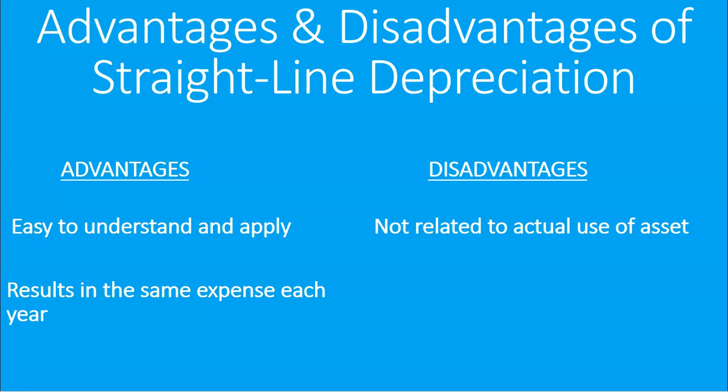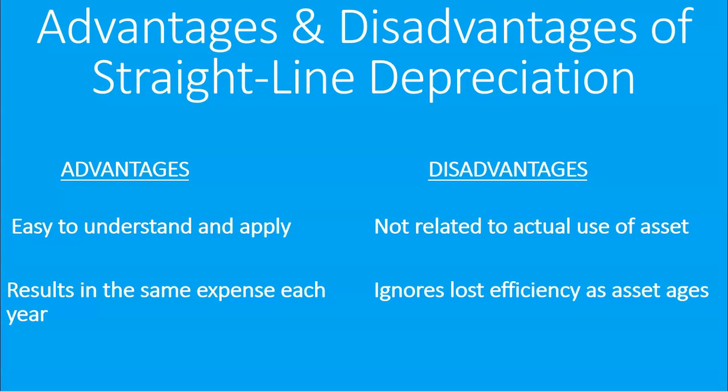We're going to be looking in a moment at a delivery truck example, and so under straight line depreciation, let's say that we drive that delivery truck 20,000 miles in year one and 16,000 miles in year two. Well, clearly, we put more wear and tear on that vehicle in year one. However, we will not recognize that because we're going to be expensing the same amount of depreciation each year.